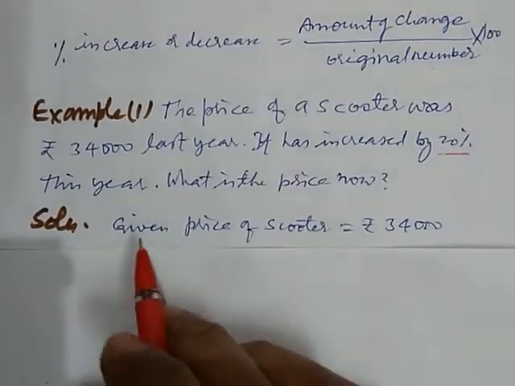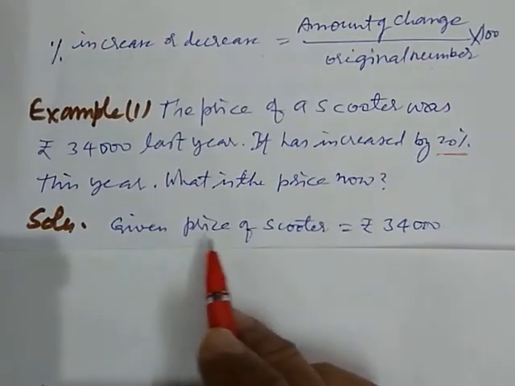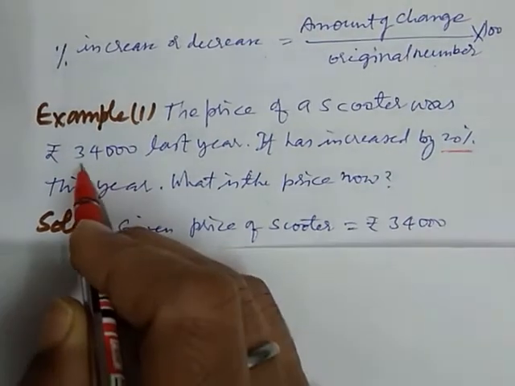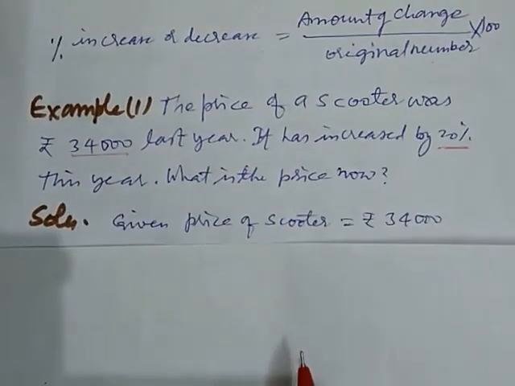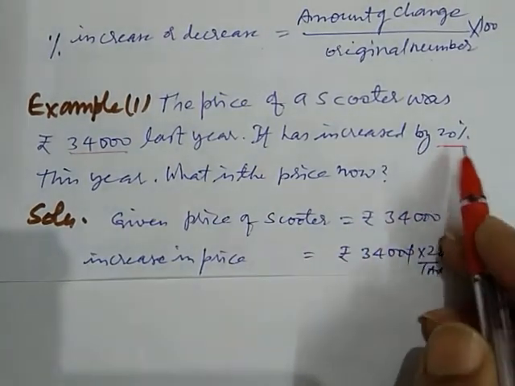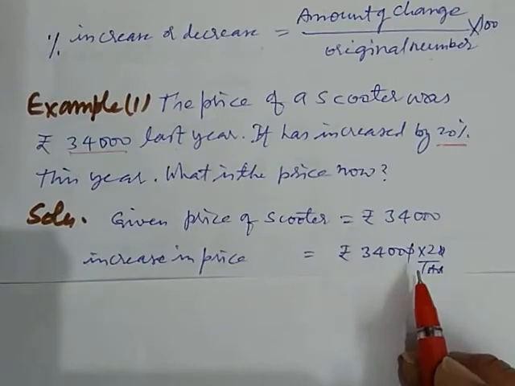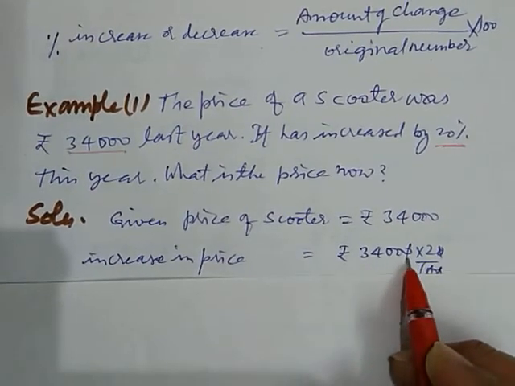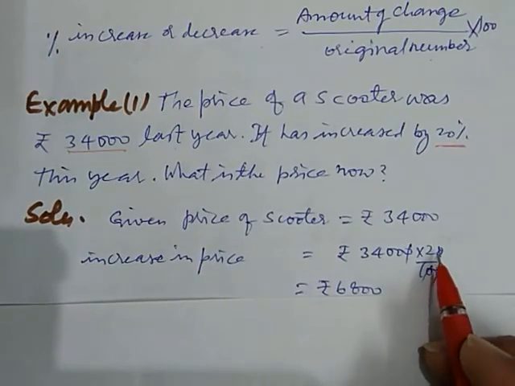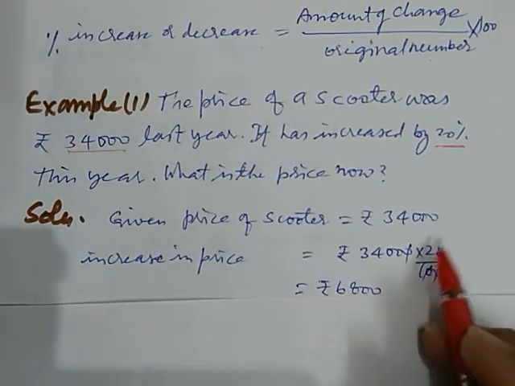First we find the given things. The given price of the scooter is rupees 34,000. The increase in price is 20%. So this is the original amount and this is the percentage. First we convert the percentage by dividing by 100 and multiplying by the number.